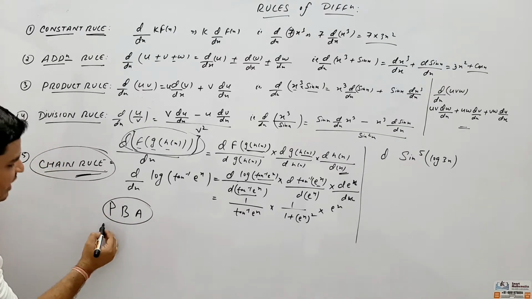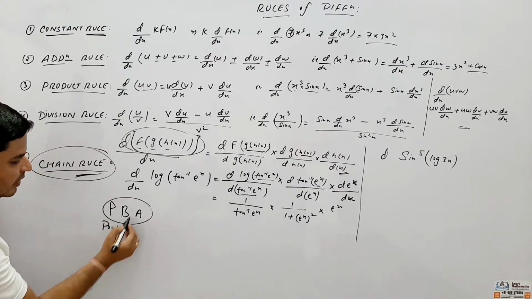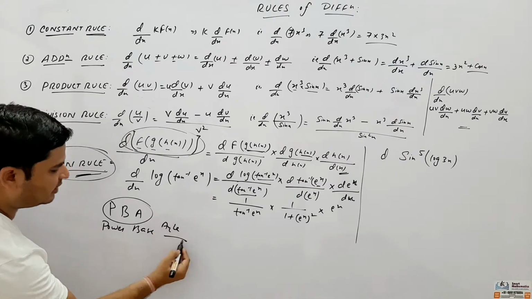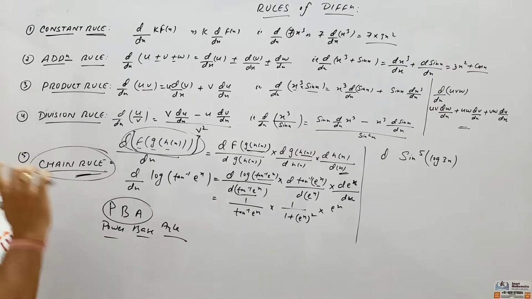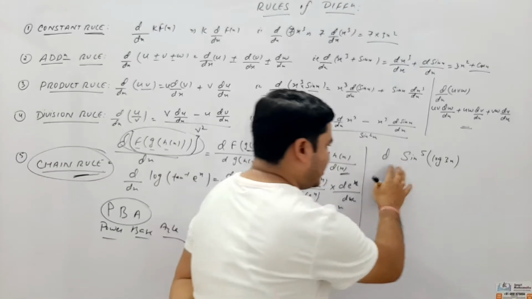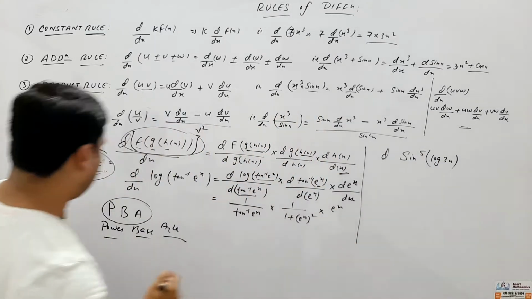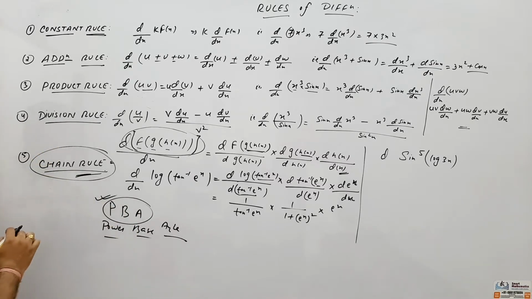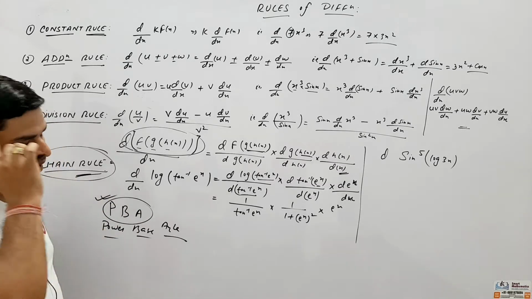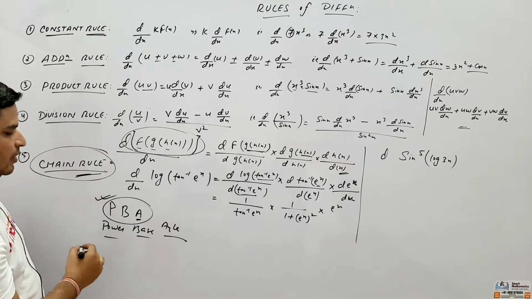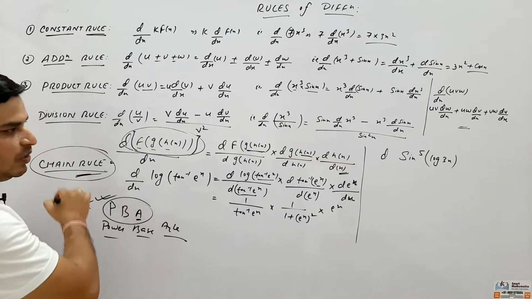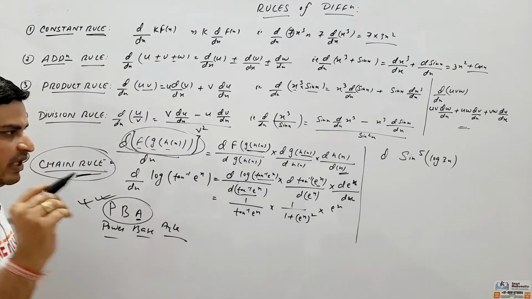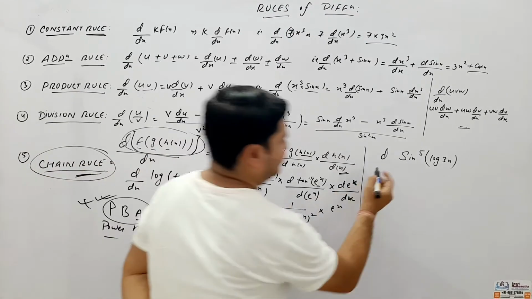Here P stands for power, B stands for base and A stands for angle. Power, base and angle. If your function is in the form of a power, you need to apply the differentiation for the power first, then the base will come, and then at the last we will differentiate its angle. If you apply this trick to any problem of differentiation based on the chain rule, you will definitely get the solution properly.